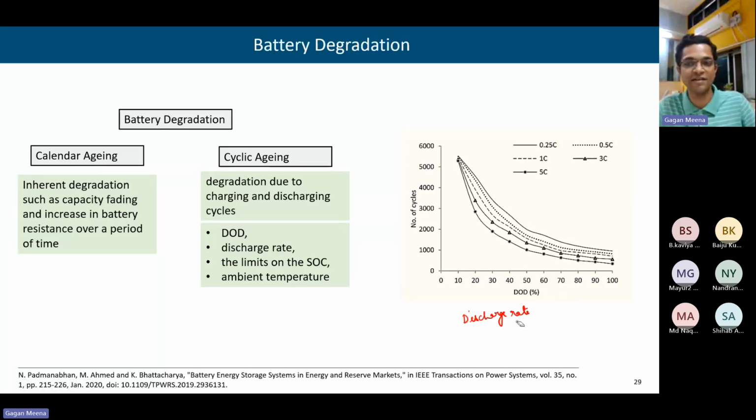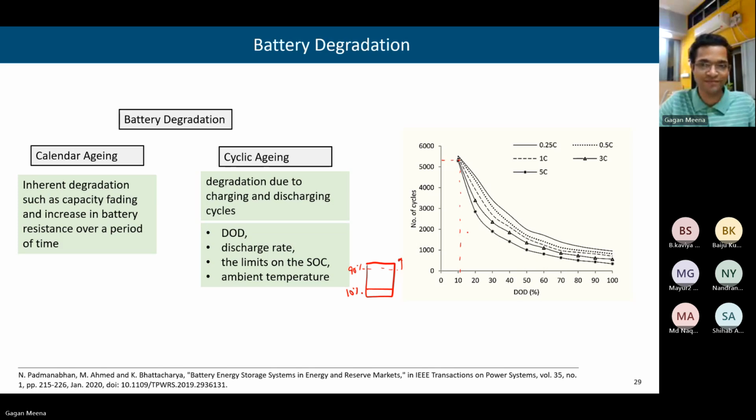Now, if we are discharging the battery only up to 90%, so as soon as it reaches 90%, we are charging the battery, then its life is this much. But if on a regular basis we keep on discharging it up to 10%, the state of charge is equal to 1 minus depth of discharge.